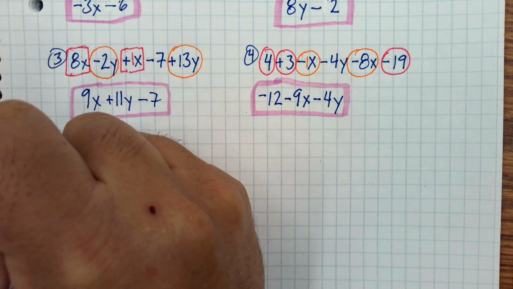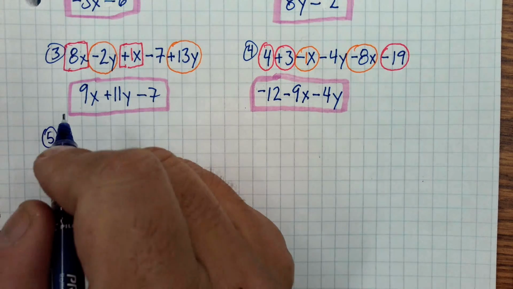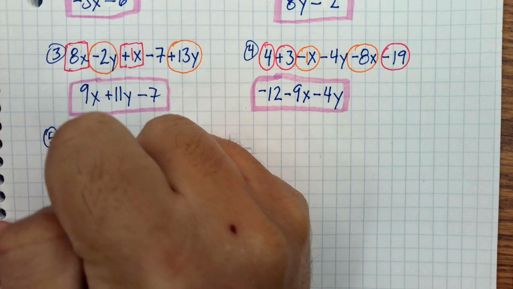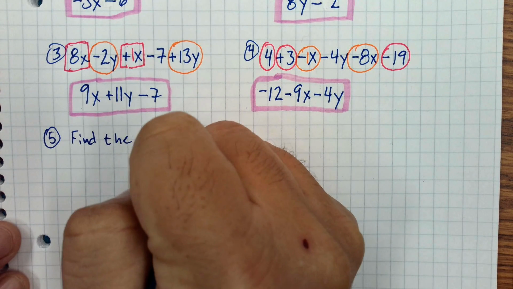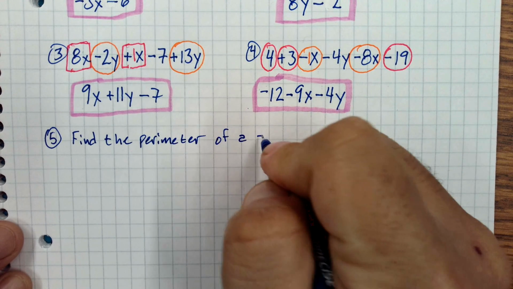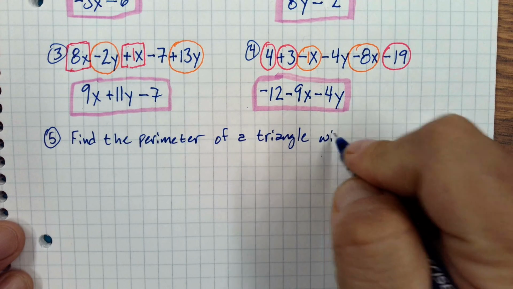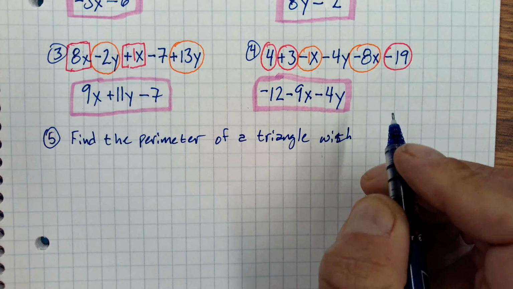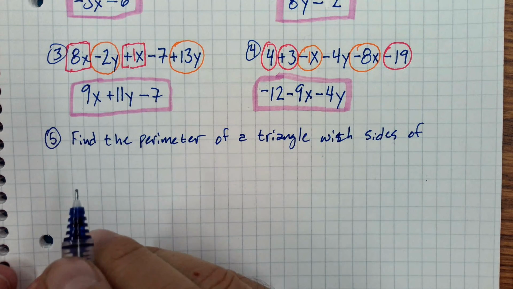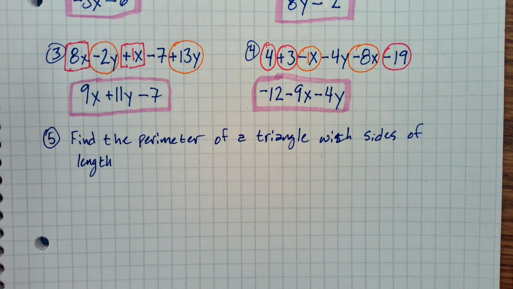Okay, so number 5 is we're going to find the perimeter of a triangle with sides of length, and the sides are going to be written as variable expressions.